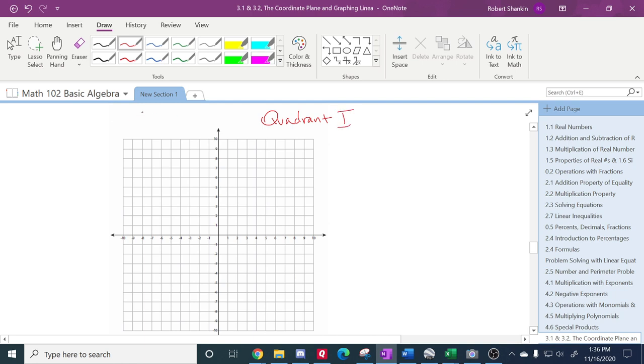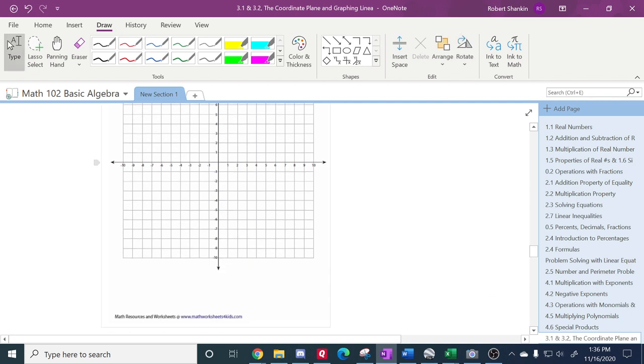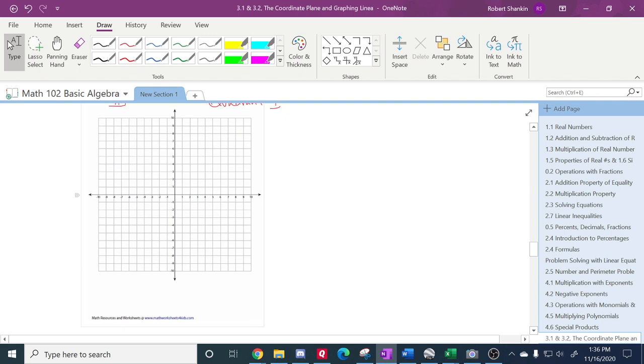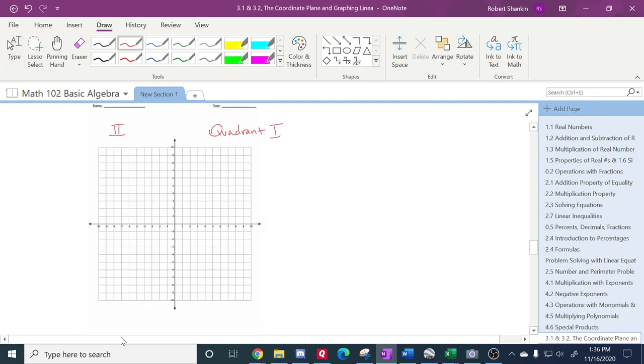And then we rotate like this. This is quadrant 2. This is quadrant 3. And this is quadrant 4.